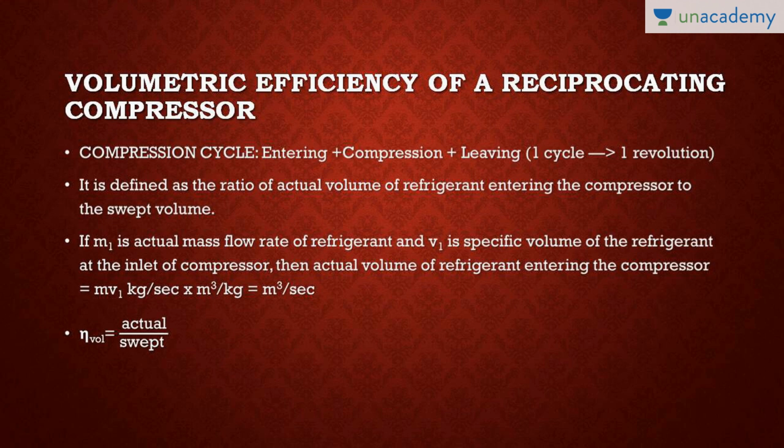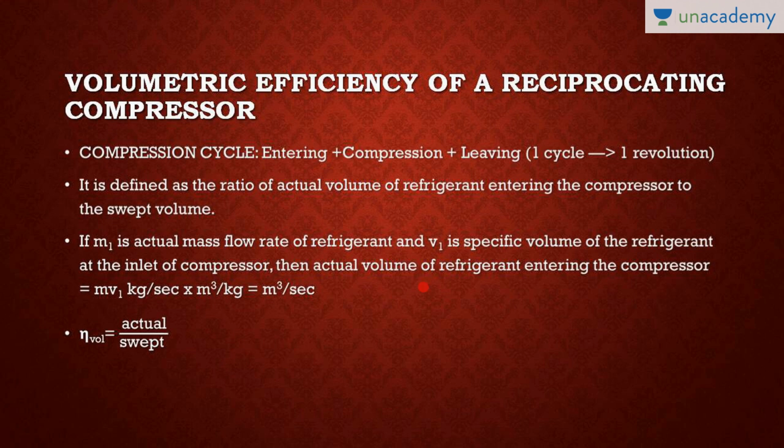So how to calculate the actual volume and how to calculate the swept volume? Just remember that 1 to 2 was the compressor. If m dot 1 is the actual mass flow rate of the refrigerant, the unit of mass flow rate would be kg per second, and v1 is the specific volume of refrigerant at the inlet to the compressor. So the unit of v1 is meter cube per kg.